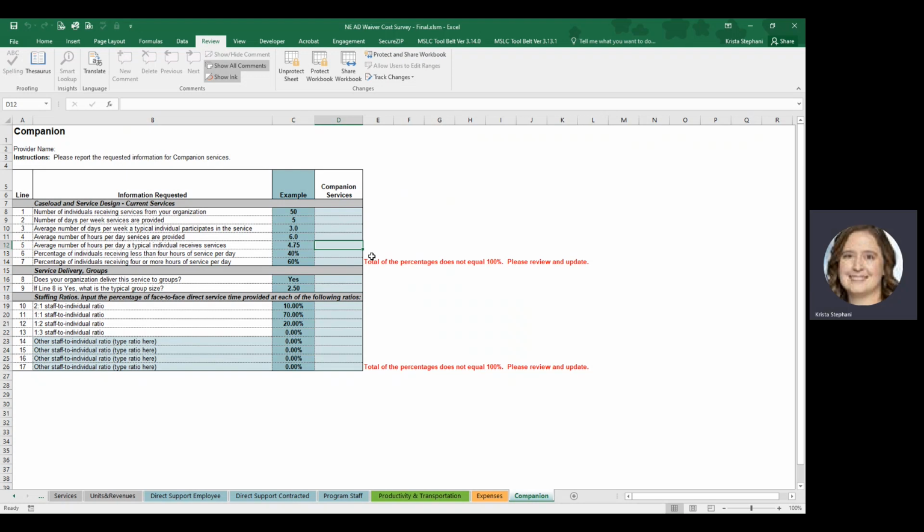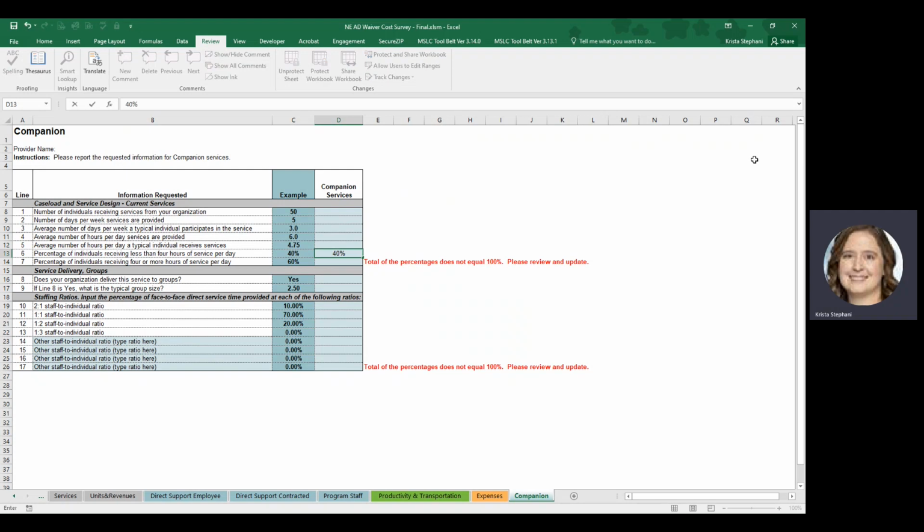To also assist us with trying to identify the number of hours of service provided each day, we're asking you to indicate, based on a percentage of the total of individuals receiving services, how many of them receive services for less than 4 hours of service a day, and then how many receive services for 4 or more hours per day.